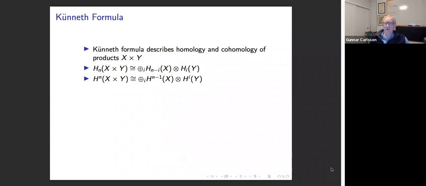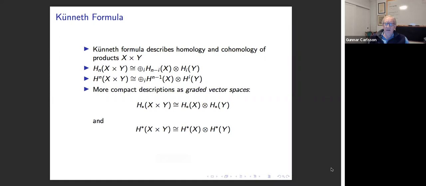And the same thing holds true for cohomology. The more compact description is as graded vector spaces, where you take two graded vector spaces and tensor them together, and the component in degree n is the sum of V_i tensor W_j, where i plus j equals n.